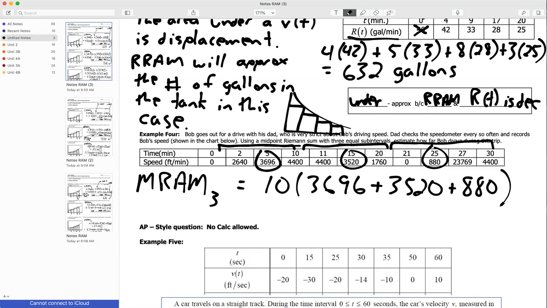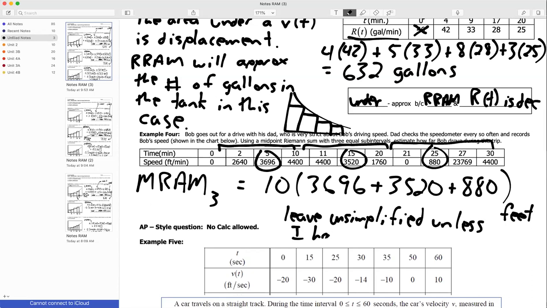Okay, and let's put some units on there. This is measured in feet. And I would probably leave it unsimplified unless I have to simplify.